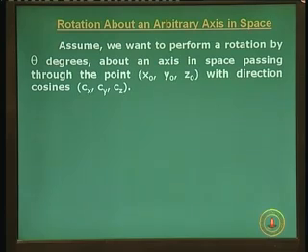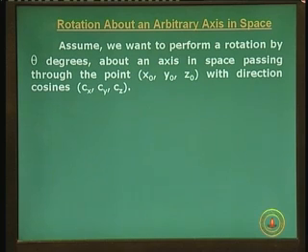So, again I repeat the problem as given in the slide. We want to perform a rotation by theta degrees about an axis in space, and that axis is defined by the following parameters. That axis passes through the point x naught, y naught and z naught, and it has direction cosines. I will define what the direction cosines are.